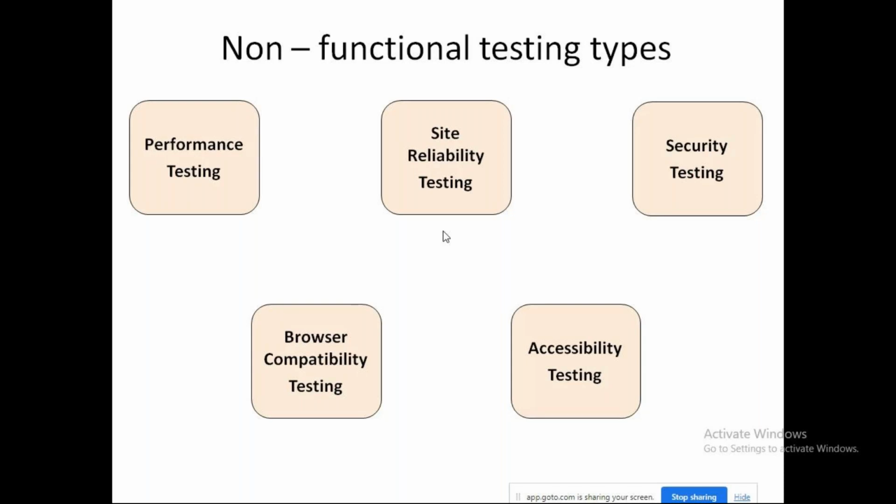So we have these different types of testing which belong to non-functional testing, and we are going to focus on performance testing. That is why the name of our project is Performance Testing Real-Time Project with JMeter.